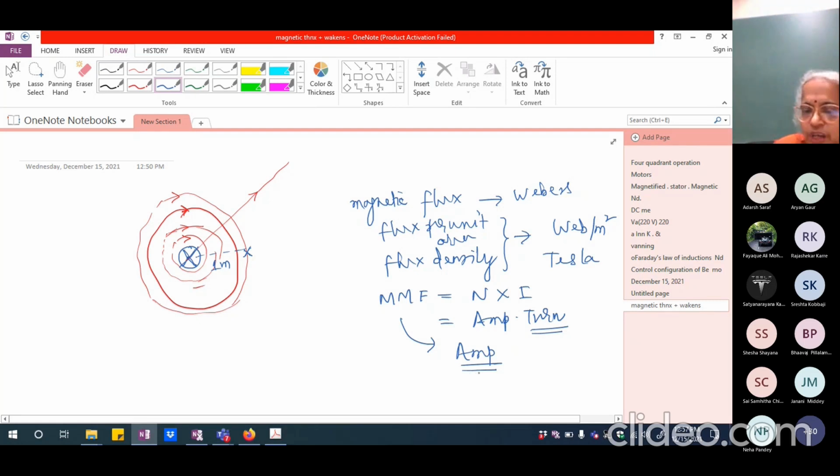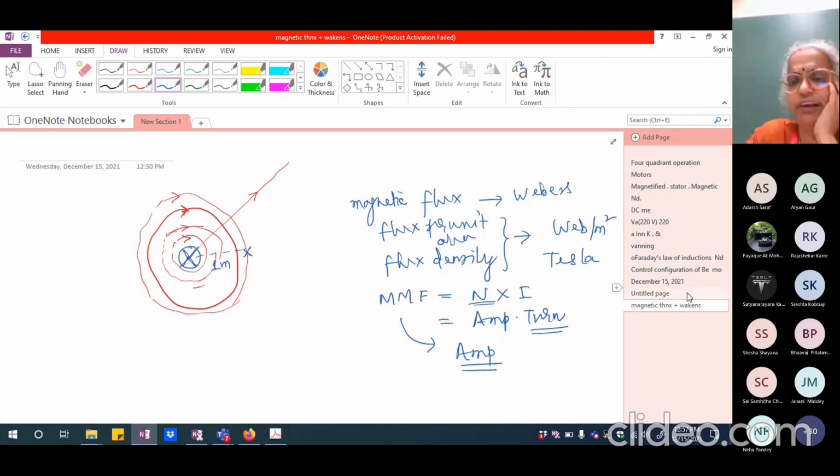But as the number of turns increase, the amount of flux produced in the same material is going to increase. That is because the current is encountered by this particular material several times, as many times as the number of turns in the MMF. That is the reason.